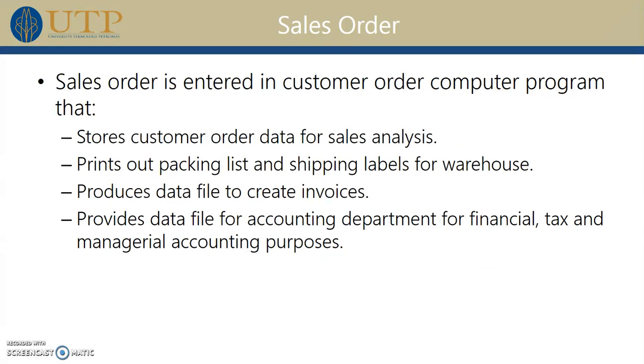The sales order is entered in a customer order computer program that stores customer order data for sales analysis. It prints out the packing list and shipping labels for the warehouse. It produces a data file to create invoices to be sent to the customer. And it also provides a data file for the accounting department for financial, tax, and managerial accounting purposes.